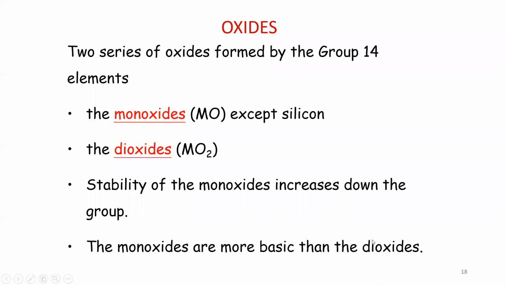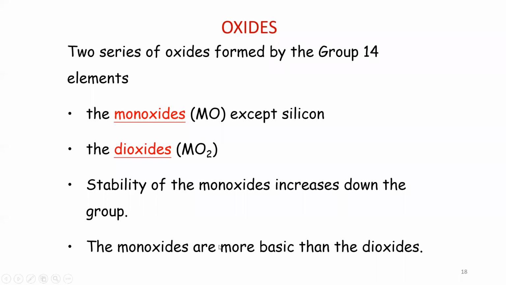Your CO2, when you dissolve it in water, forms an acidic solution. But your monoxide, when you dissolve it in water, yes, it can form acid, but it will be less acidic than your dioxides. Do you understand what I mean?